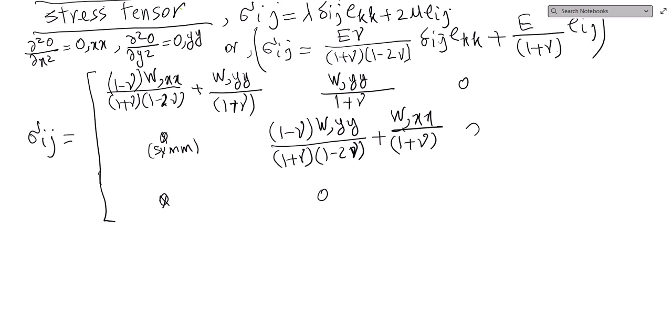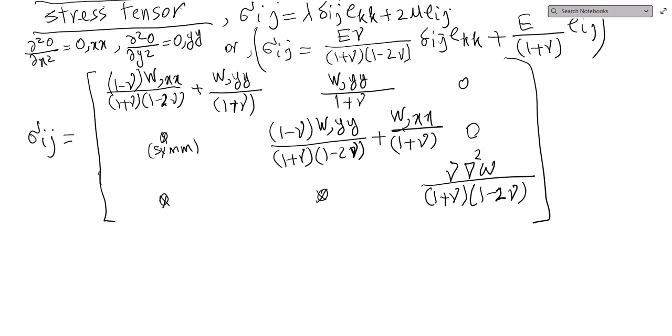And the third one is the interesting one. So this is del square, and del square is, of course, we have a minus z here for completeness.